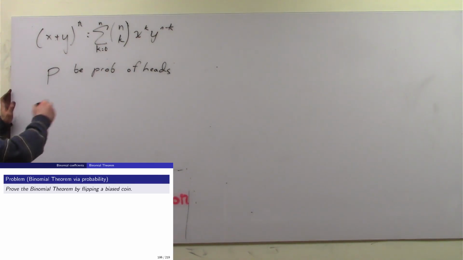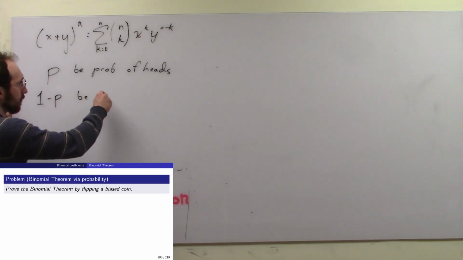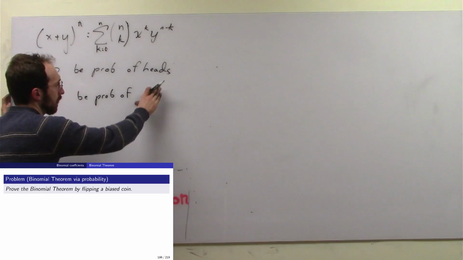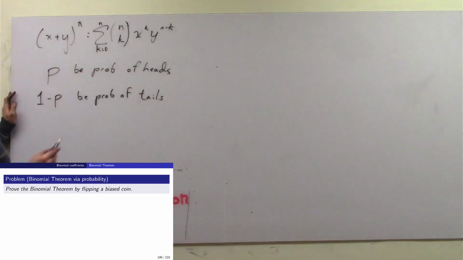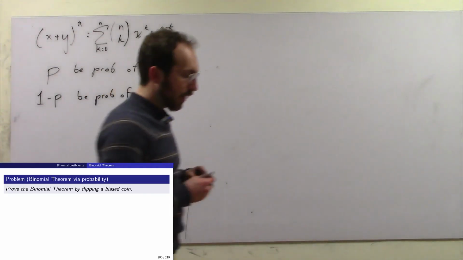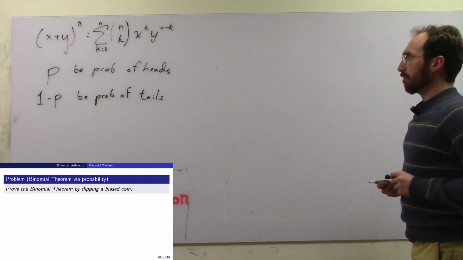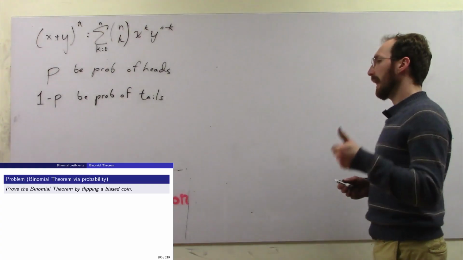So the probability of tails is going to be 1 minus P. If the probability to get heads is P, then the probability to get tails is 1 minus P.